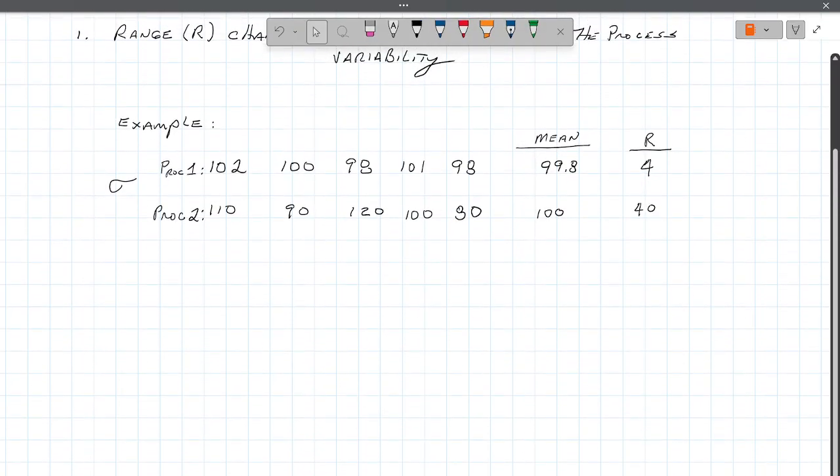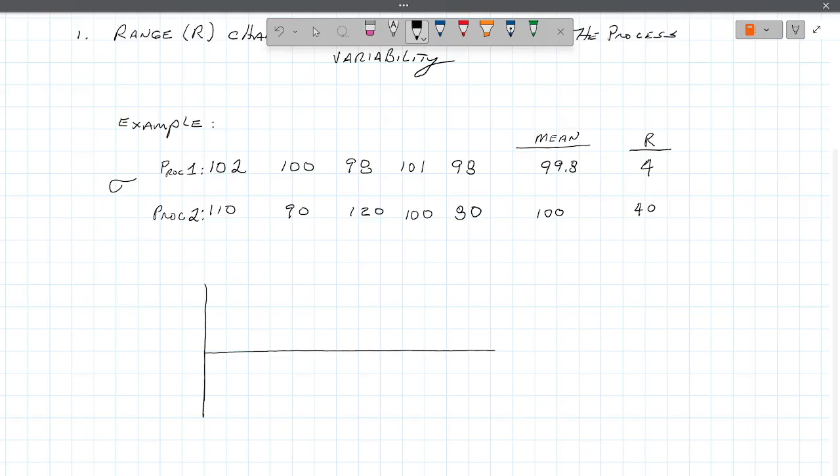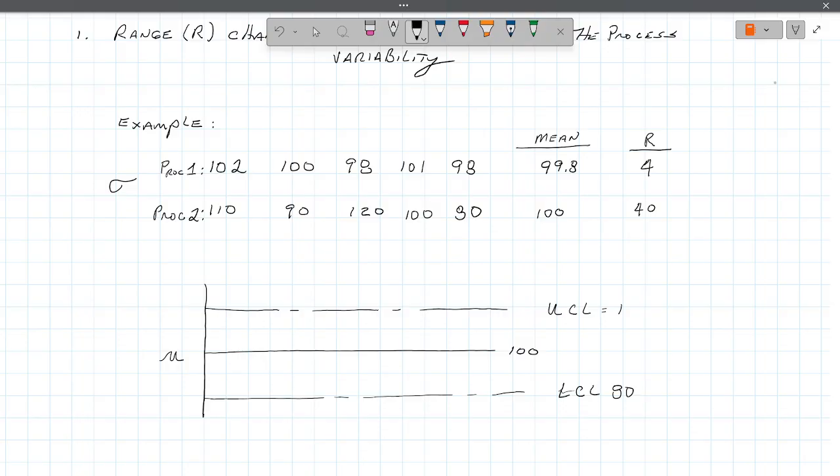Okay. Let's have this little review. Okay. So that gives us the upper and lower for these points.